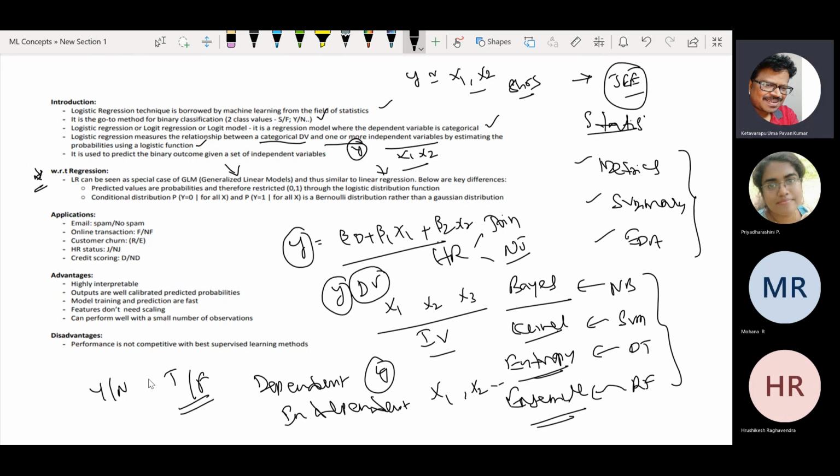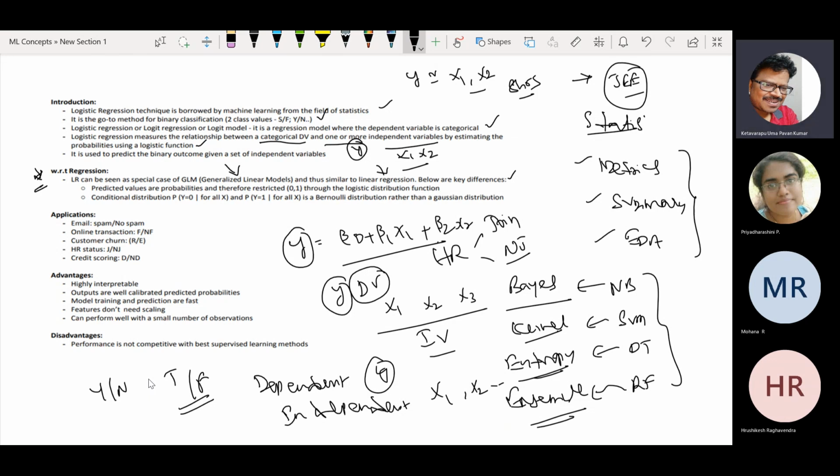Below are the key differences, because we should not get ambiguous while studying linear and multiple linear compared with logistic. There should be some analogy on the basis of which we can distinguish between linear and logistic.